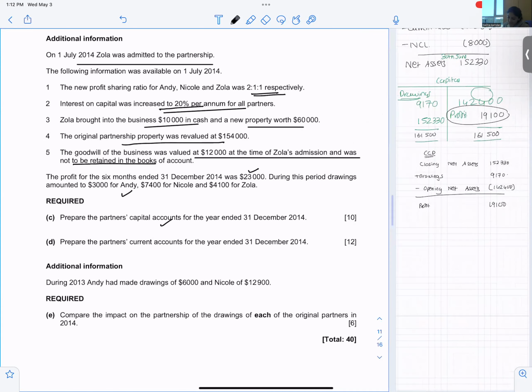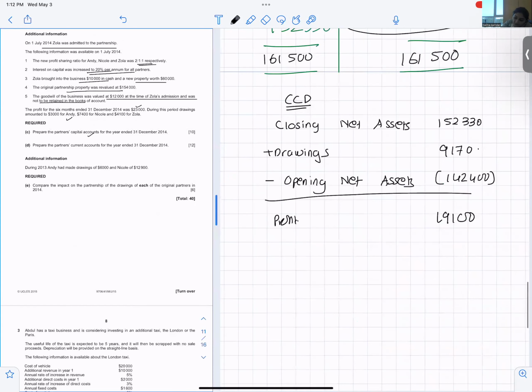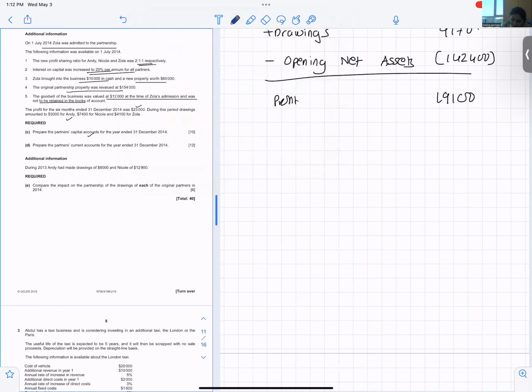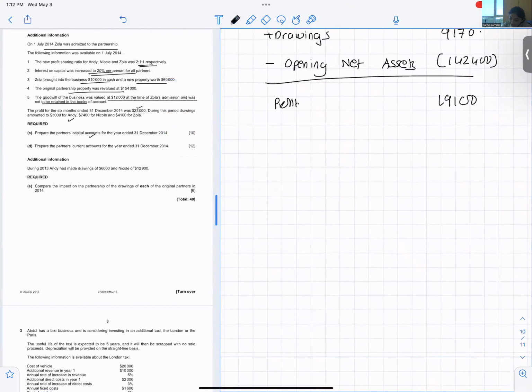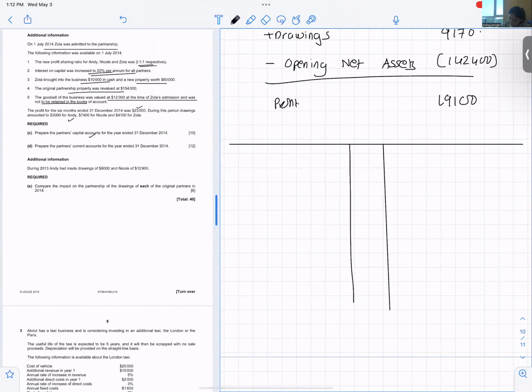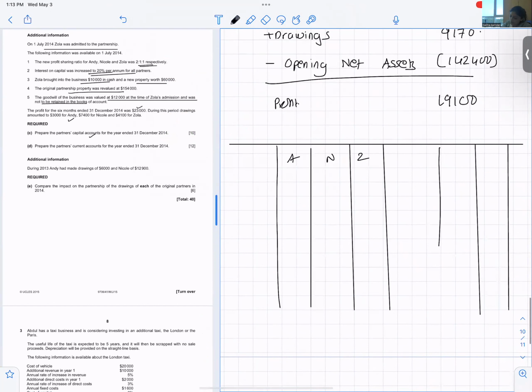Let's first prepare partner's capital account. I know the format of my partner's capital account. My partners are Andy, Nicole, and Zola. Capital account would increase or decrease only because of additional capital, goodwill, revaluation, profit or loss.